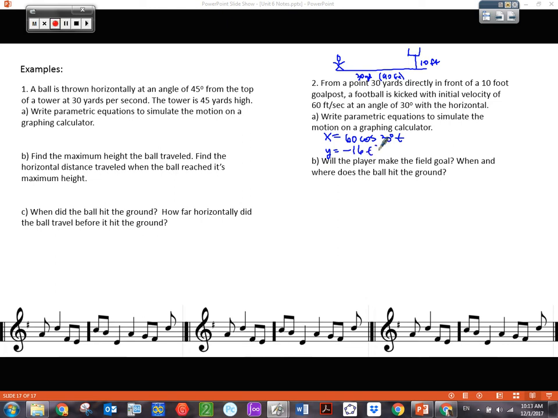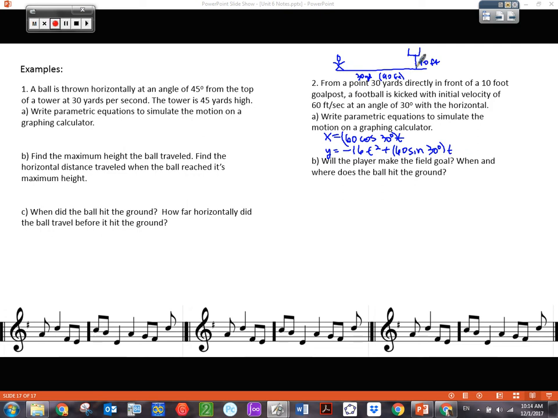Negative 16 t squared plus 60 sine 30 degrees t. And then do we have an initial height here? The ball is on the ground, so we don't, right? So there is no y-naught. It just stops right there. So I would enter those equations into my calculator in parametric mode and in function mode, the y when in function mode.